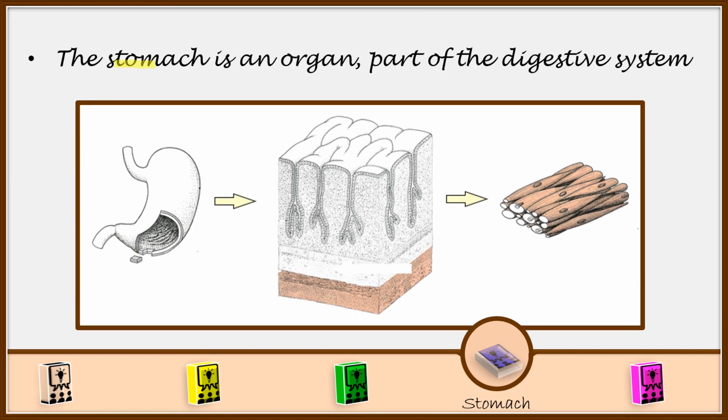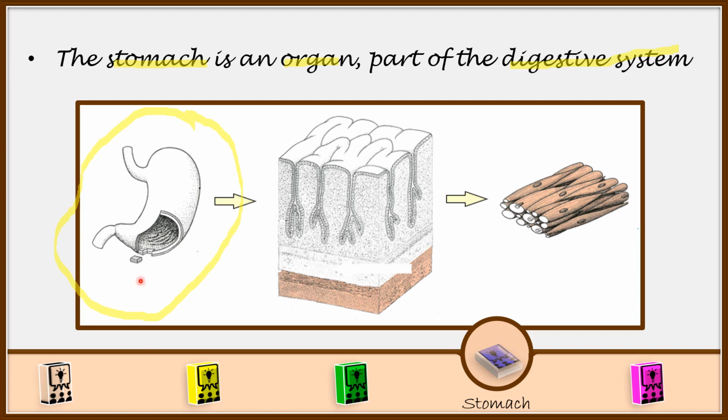Let's look at the stomach. The stomach is an organ and part of the digestive system. So when you look at our stomach here, it is an organ which is part of the digestive system.